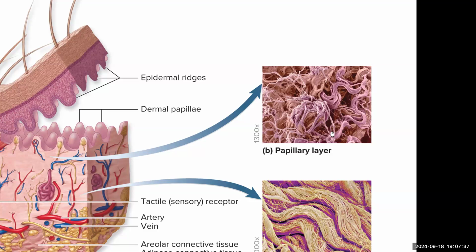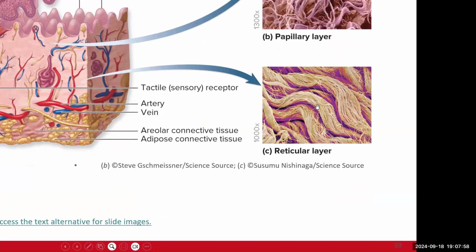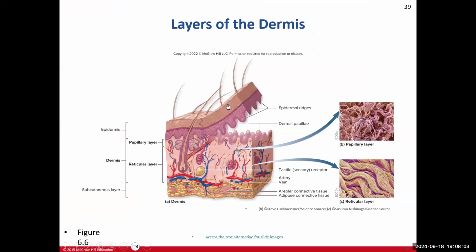So what do you think out of those three things this stuff is? Fibers, protein fibers. What do you think specifically? Yeah, there's elastic in there. So you'll see elastic and collagen. Yep. But that's just a great example here. You can just see how it's more swirled.